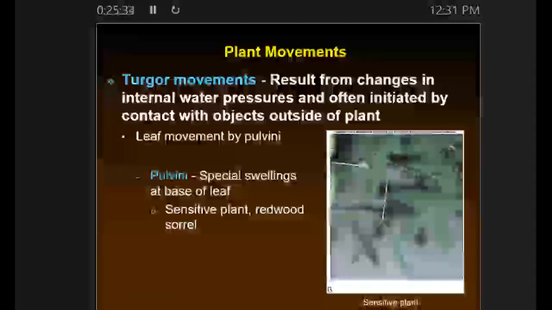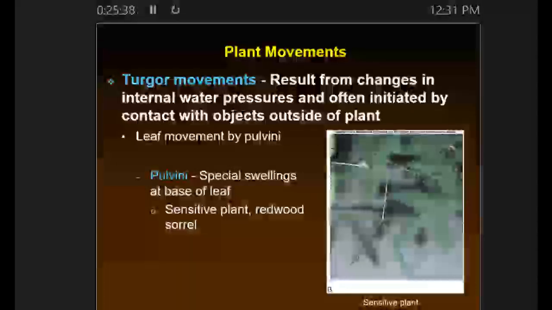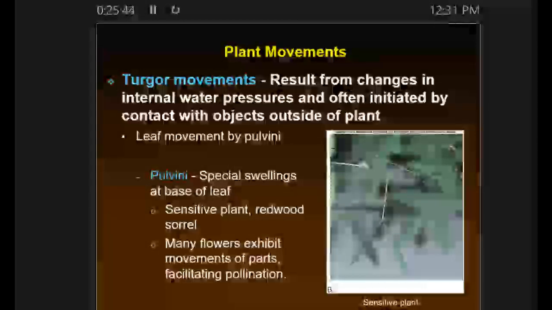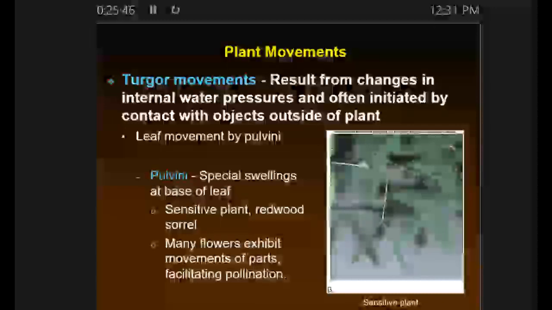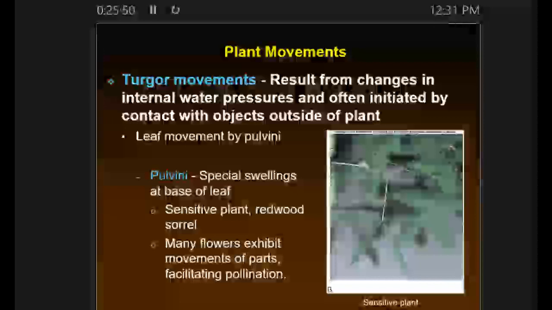And so again, it's just a fancy word to describe that region that's going to get that turgor shift, the water pressure shifting going on to allow for that really rapid movement. And so if plants need to move rapidly, it's turgor pressure. If they want to move in a more languid way, just slow and steady, growth movements are usually what you think about.